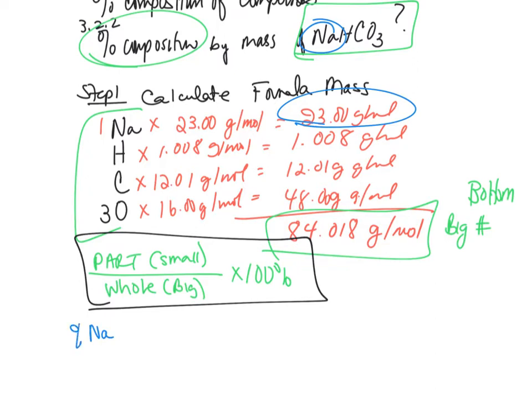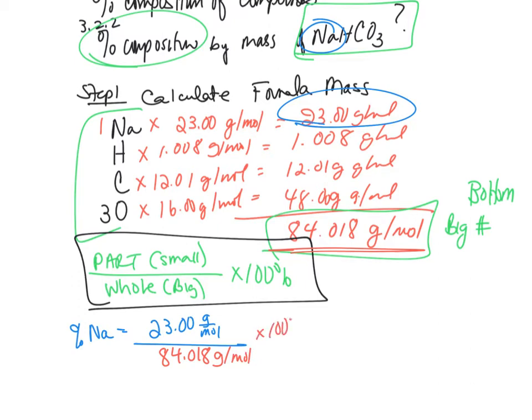So percent of sodium equals the mass, 23.0 grams per mole, divided by the whole, and the whole is here, 84.018 grams per mole. And then you take that times 100%. So 23, the part of sodium, divided by the whole, 84.018, and that times 100, and you get 27.38%.